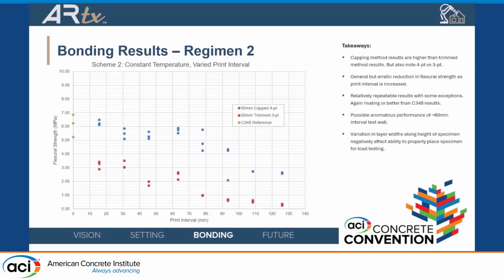A couple takeaways here. One is that we do have this loss of strength with time, which we expect. But another takeaway here is that it's not a linear loss of time, and in fact, we believe that this is closer to a bilinear behavior, where we are transitioning from failure along the interlayer contact to failure through the material from cusp to cusp of that interlayer bead.